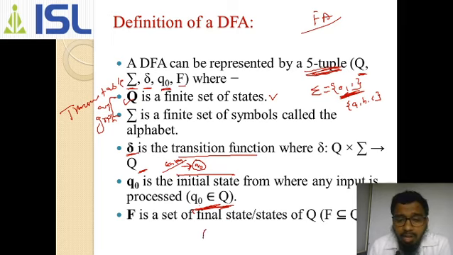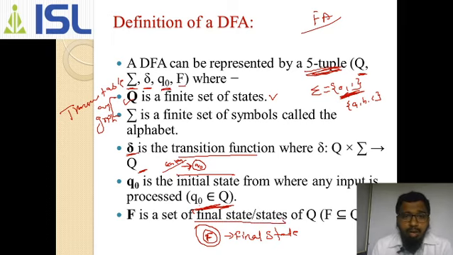The final state is a double circle, F. So these are the 5 tuples to do operations on the finite automata: Q, sigma, delta, Q0 and F.